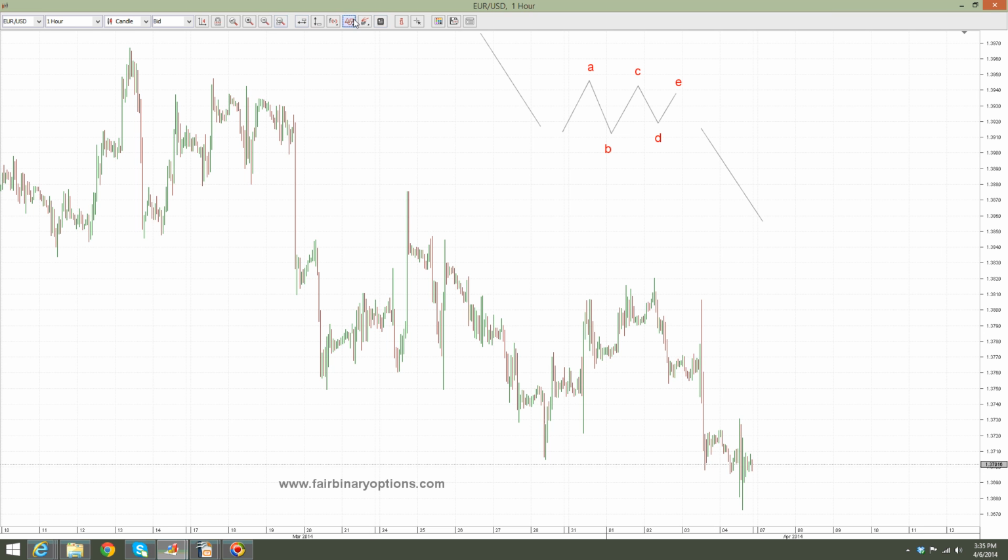So it moves like any contracting triangle between the A and C trend lines and the B to D ones. And such a triangle is being considered a horizontal contracting triangle.